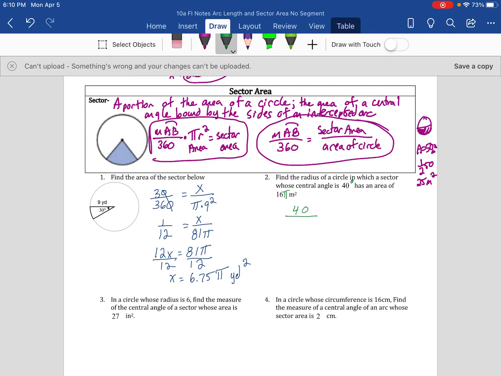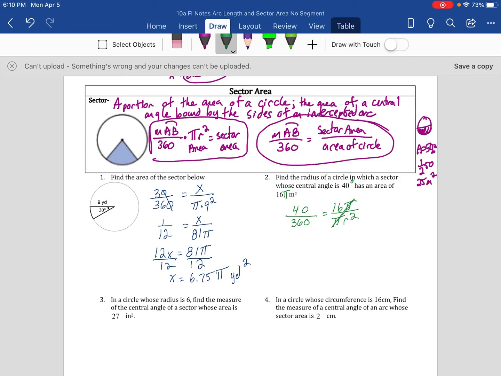So we're given the central angle, which is 40, and we know it's going to be over 360, so that's one part of our proportion. The sector area is 16 pi, and it says find the radius of the circle, so we're going to use the whole formula, so I know pi r squared.